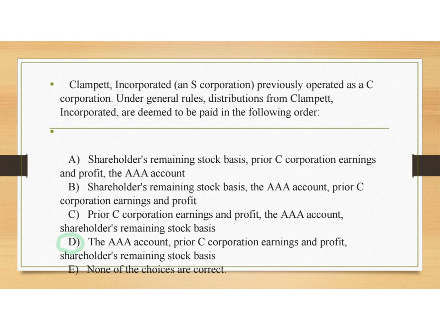Okay, so if you have an S corporation that was previously a C corporation, distributions come from the AAA account first, then the earnings and profits, and then the shareholders' remaining stock basis. Okay. Obviously, if you were never a C corporation, you do not have a AAA account or earnings and profits.